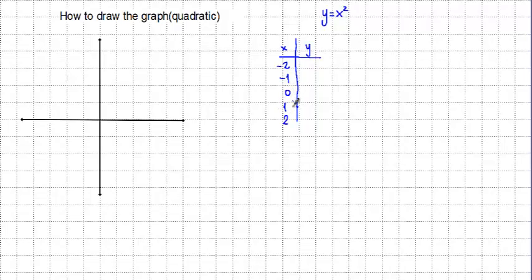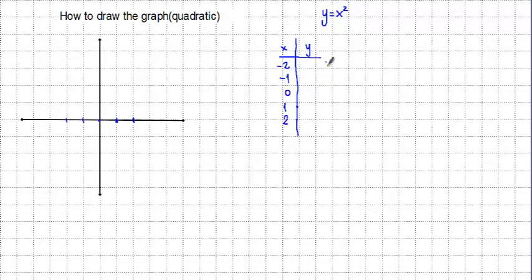These are not random values actually. Randomly you can choose the values, but these are closer points to the intersection of the coordinate axes.